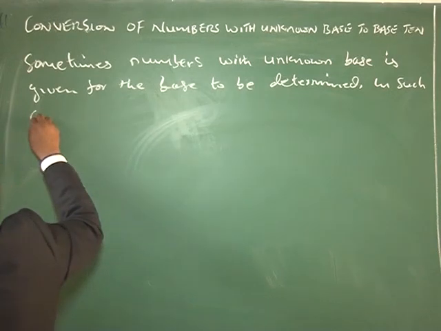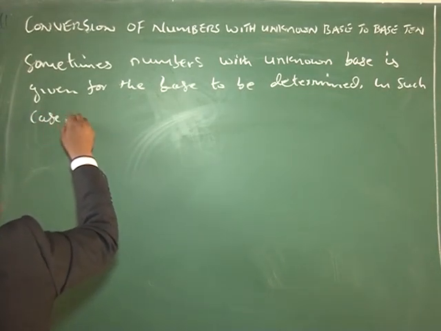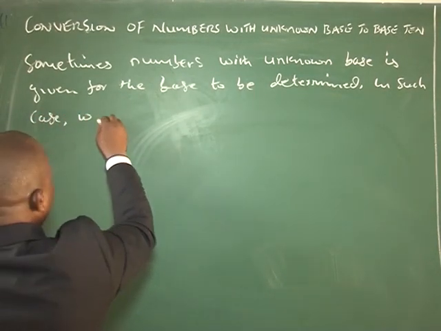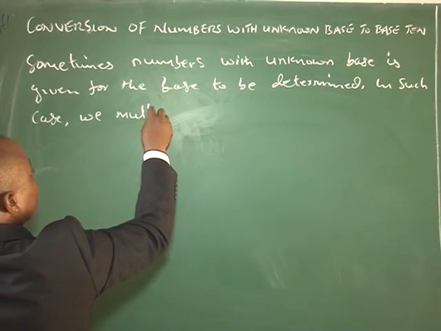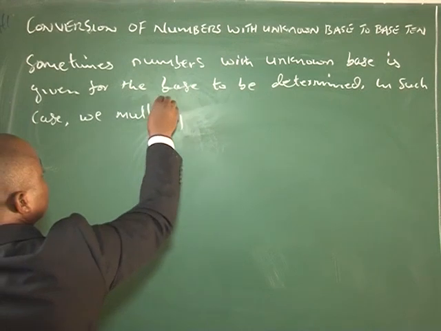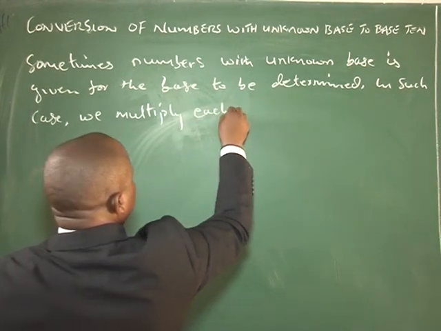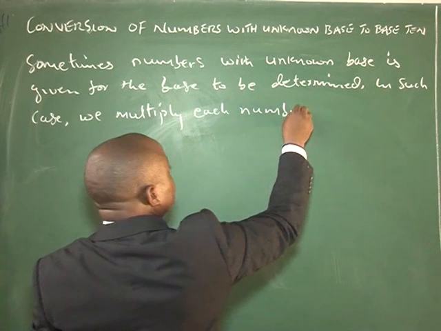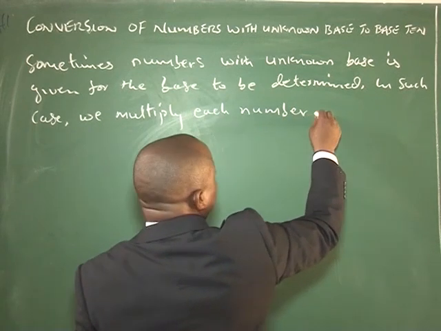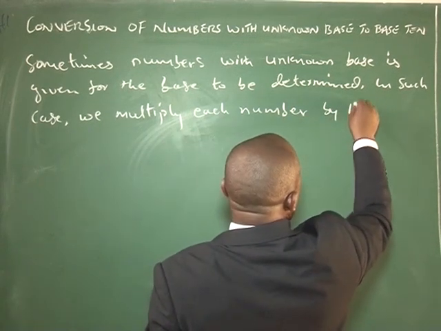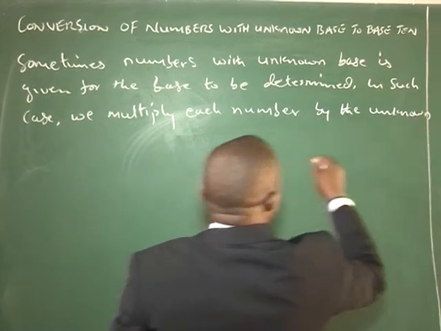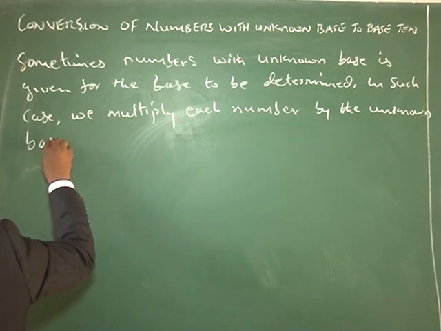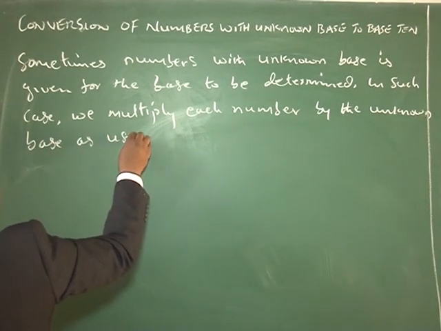In such a case, we multiply each number by the unknown base as usual.